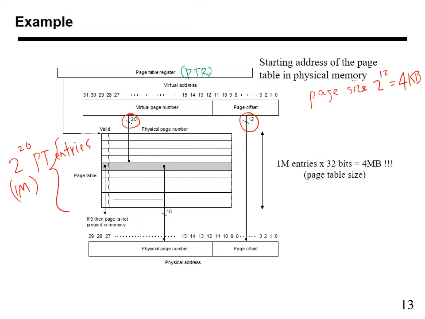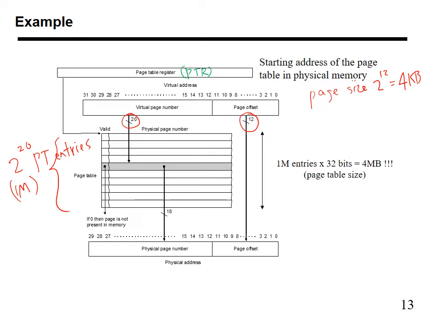As an example, in the 32-bit architecture, there is a 32-bit virtual address, and the page offset is 12 bits. You can easily see that based on the 12-bit page offset, the page size is 4K bytes.